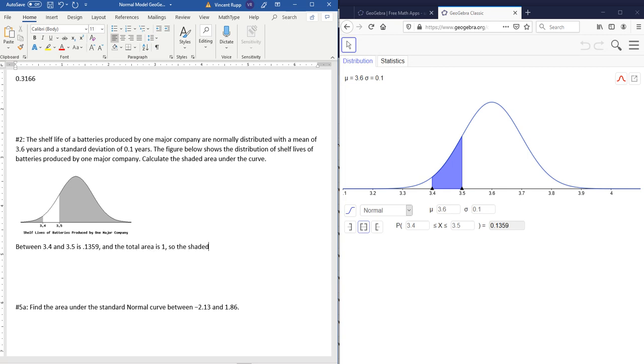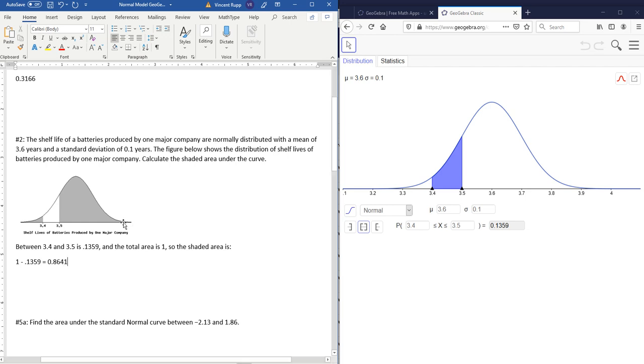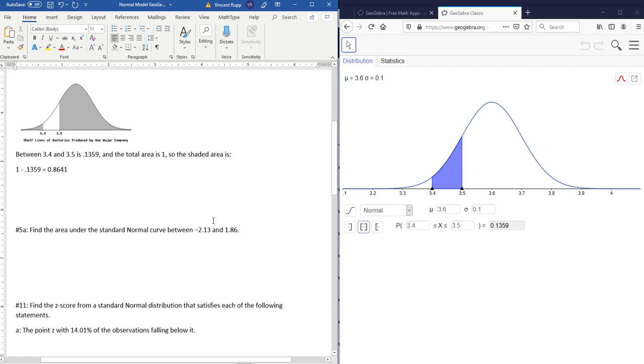So the shaded area is 1 minus 0.1359, which I believe equals 0.8641, which is what I would type in GeoGebra. So there are some questions like that. We just have to know the total area is 1. GeoGebra can give you the between, so you just subtract that amount from 1 to get whatever's left over.